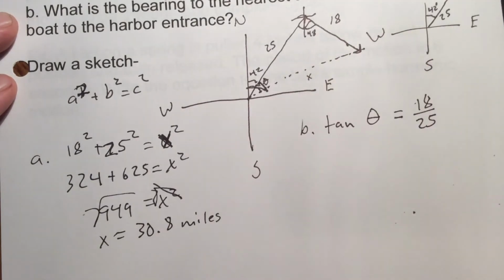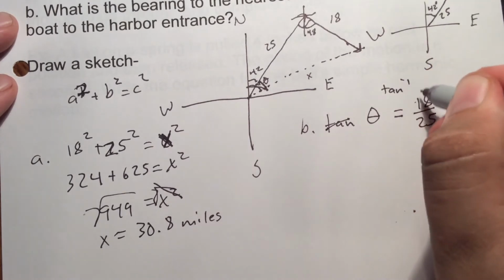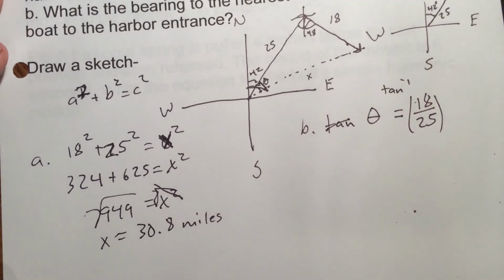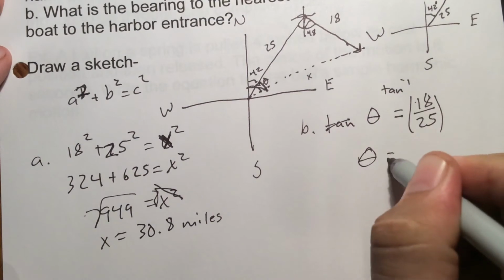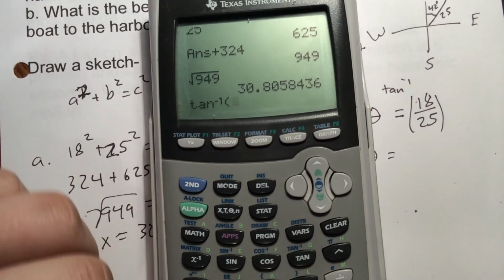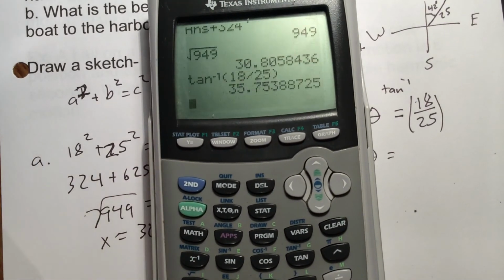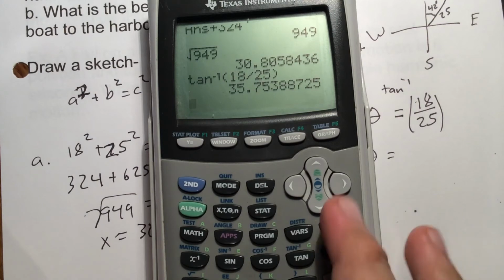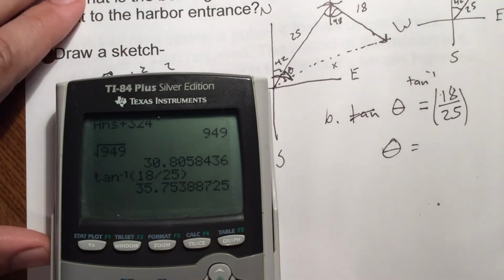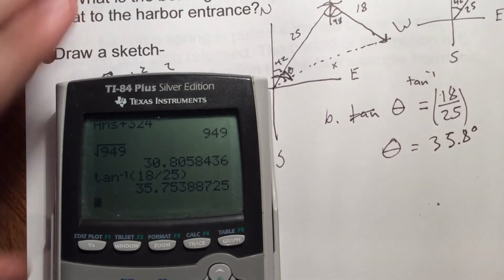Opposite over the adjacent. So to find the angle, we do the inverse tan of the ratio. So second tan 18 divided by 25. Close it. And we get 35.75. And they want nearest tenth of a degree. So 35.8 degrees.